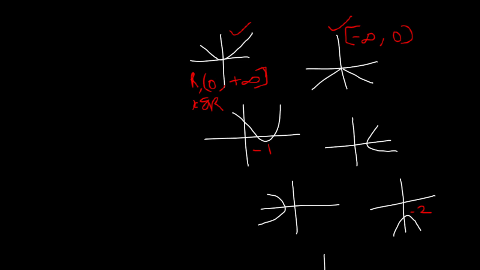Okay, 0 is included. That is now the range. Sorry, this is the range. The domain will be x is the element of all real numbers. X is everywhere for the graph.